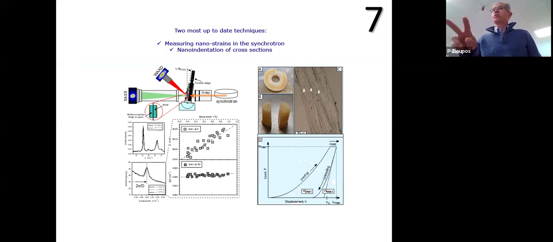The one on the left was to use the synchrotron diamond, wide X-ray diffraction and small X-ray diffraction, to characterize the microstrains in bone tissue under deformation in these 3 groups. And the one on the right is nanoindentation measurements of the bone matrix of these same groups. So basically, we characterize bone mechanically with nanoindentation, and in the synchrotron under deformation, observe the nanostrains of the same bone tissue.